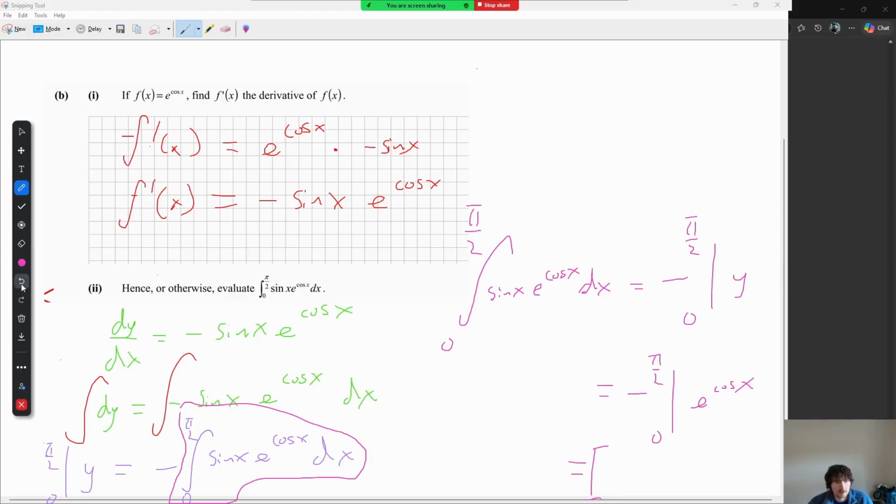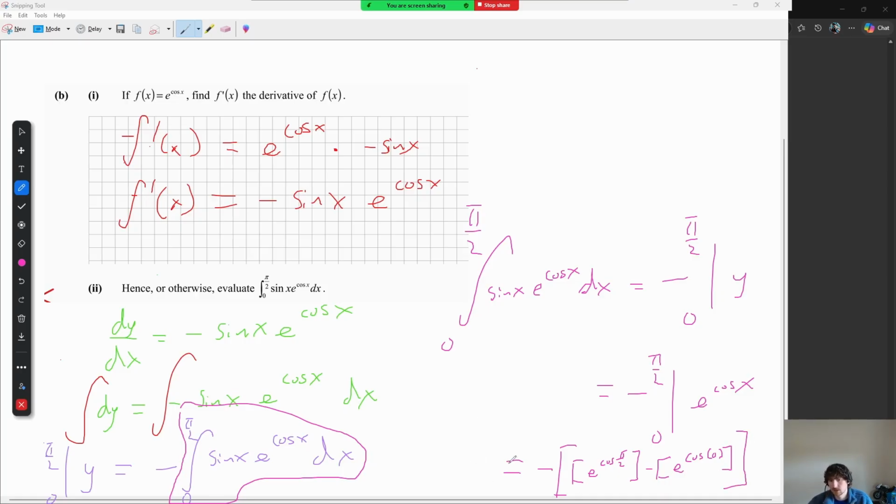We've got to be careful here because there's a minus, so we do a big minus on the outside, and then our two square brackets on the inside. First we put pi over 2 in for x, so that's e^(cos pi/2). Close off the square bracket, then it's minus with the lower limit 0, so it'll be e^(cos 0). And be careful, cos 0 is actually 1.